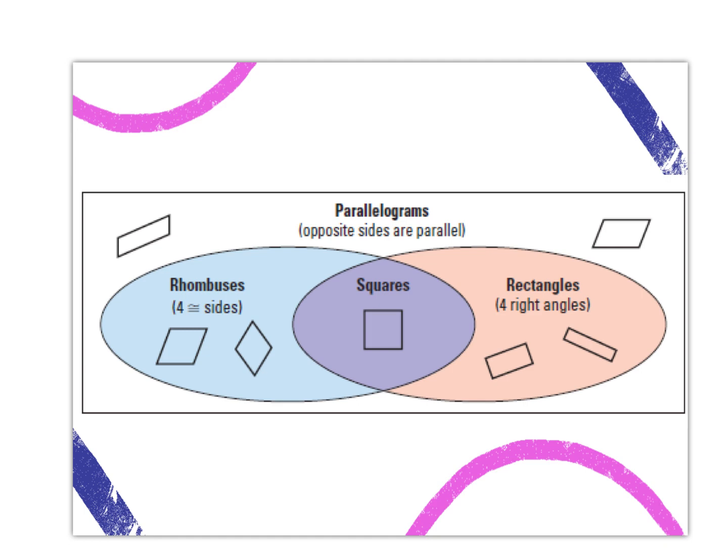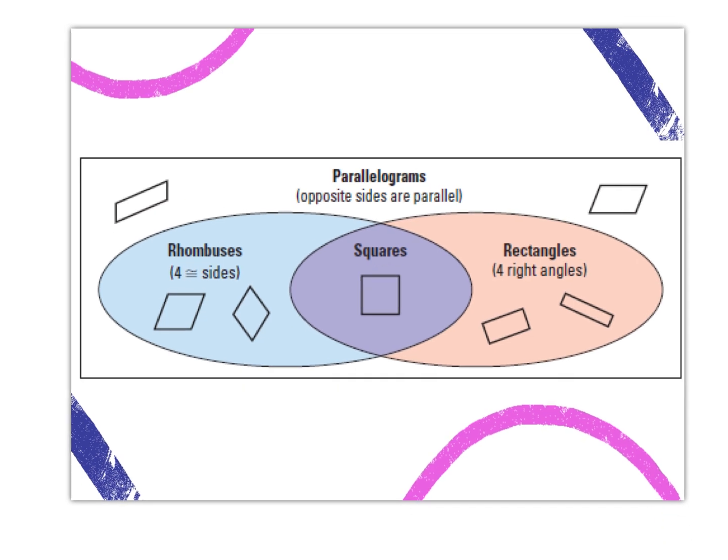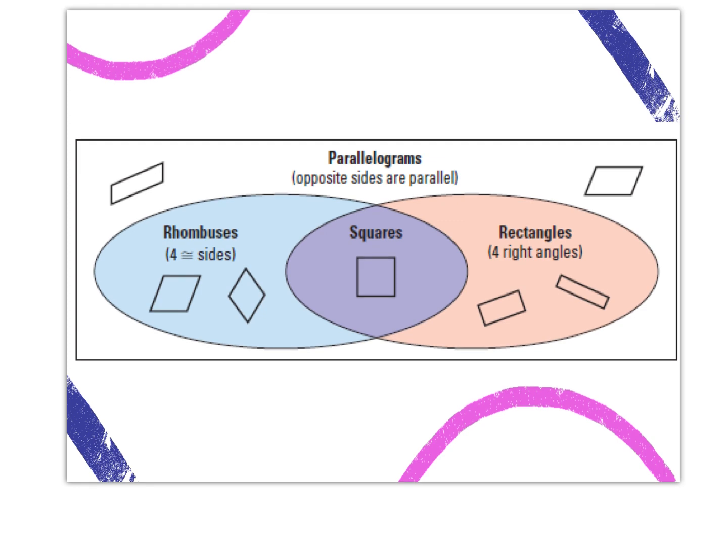So when you have parallelograms, if we do a Venn diagram, you're going to see where the overlap is. Remember, rhombuses have 4 equal sides. Rectangles have 4 right angles or 4 equal angles. And notice that squares are where the 2 overlap. They happen to have the 4 equal sides and the 4 equal angles.